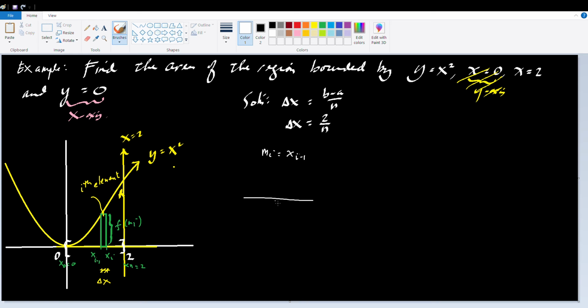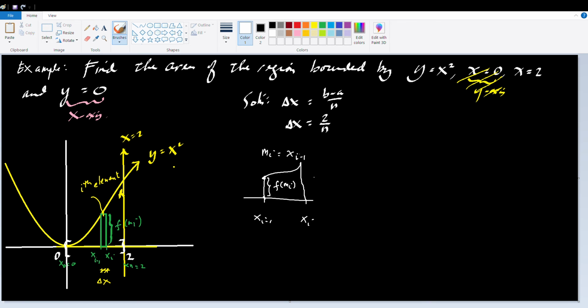The interval is x sub i minus 1 up to x sub i, and the minimum value occurs at the left end. Here, the minimum value f of m sub i occurs at x sub i minus 1.